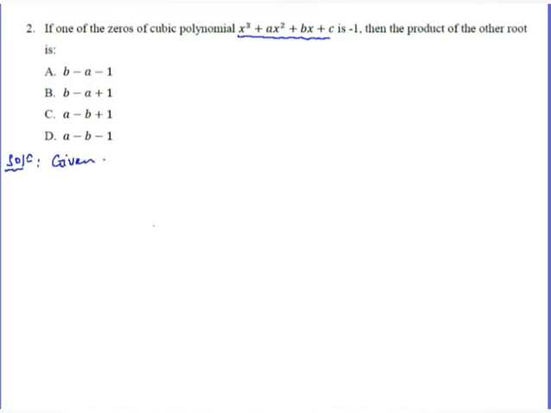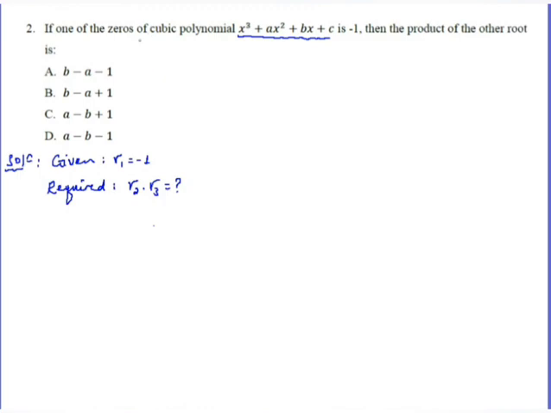One of the roots, say r1, is given, which is minus 1. The required thing is the product of the other roots, r2 times r3, in terms of the coefficients of the cubic polynomial.